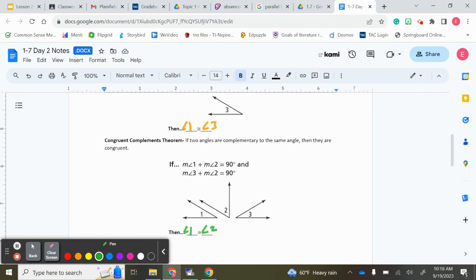I'm sorry, angle 3. Angle 3. Again, find the pair. That's the thing you're not going to talk about. Okay? Questions on those 3 before we move on to the back side of this sheet? Anything?